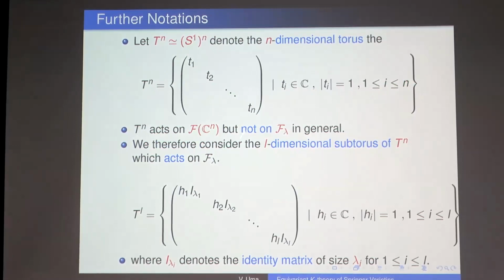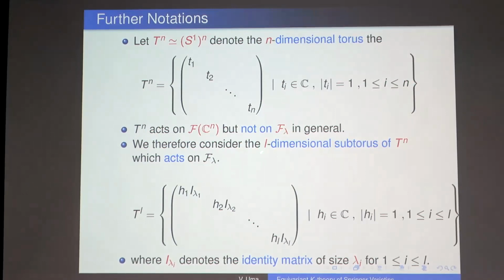But we cannot say that T^n will act on F_N, because there we have imposed conditions given by the nilpotent operator. So we need to find the correct torus which acts on this F_N.